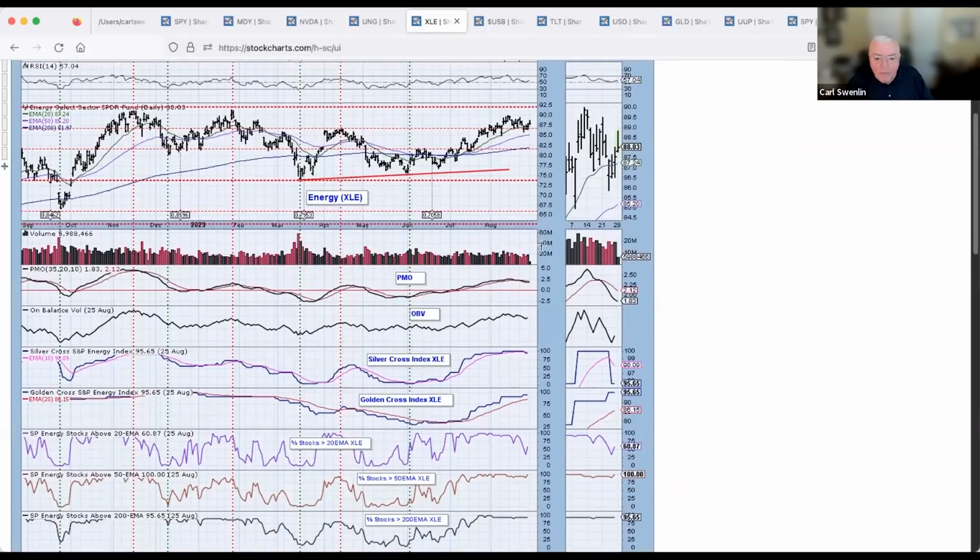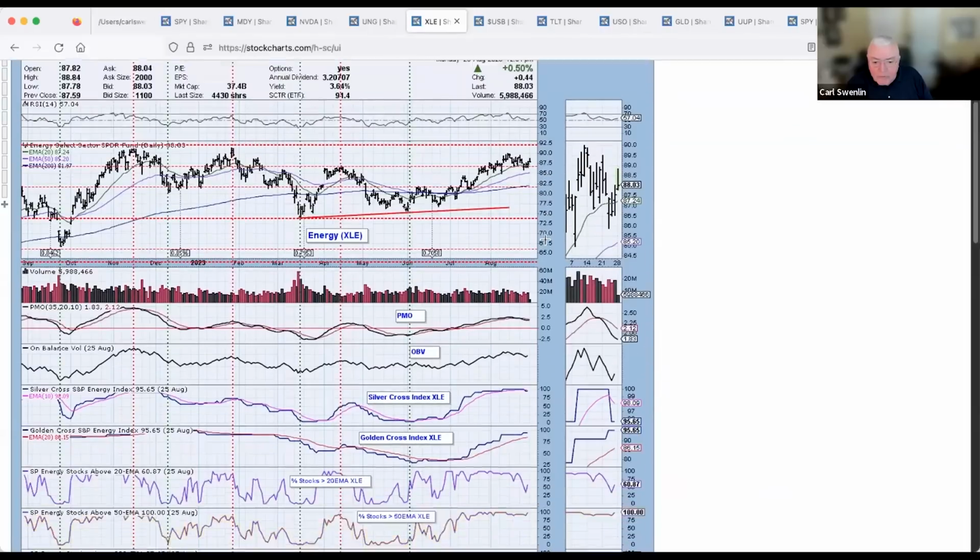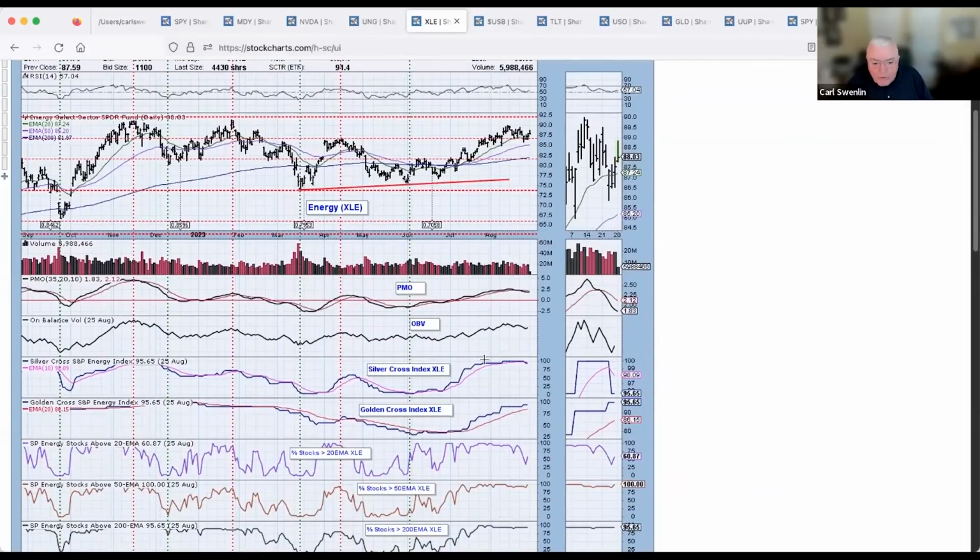Let's just look at the energy sector, but you notice that the Silver Cross Index has just crossed down last week through its 10-day moving average. So that shows a bearish bias in that index in terms of its participation. We would expect lower prices in that sector in the intermediate term.